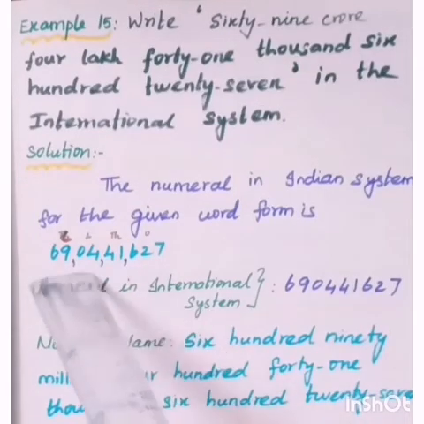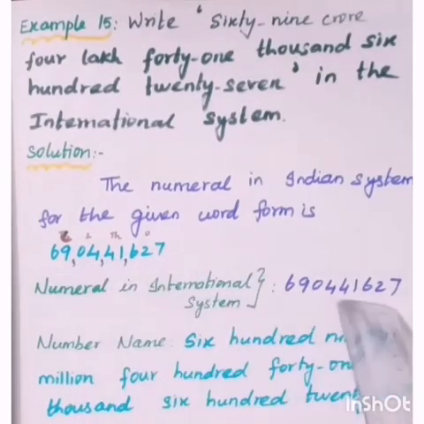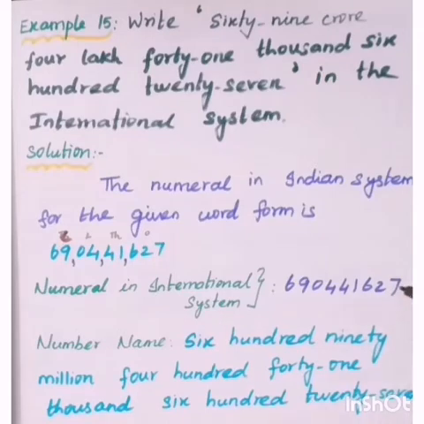Next, the numeral in the international system. First of all, write the numeral without putting any commas. After that, separate the given number according to the periods of the international place value system. In the international system, each period is divided into 3 places. Here, ones, tens, hundreds. Put comma here.